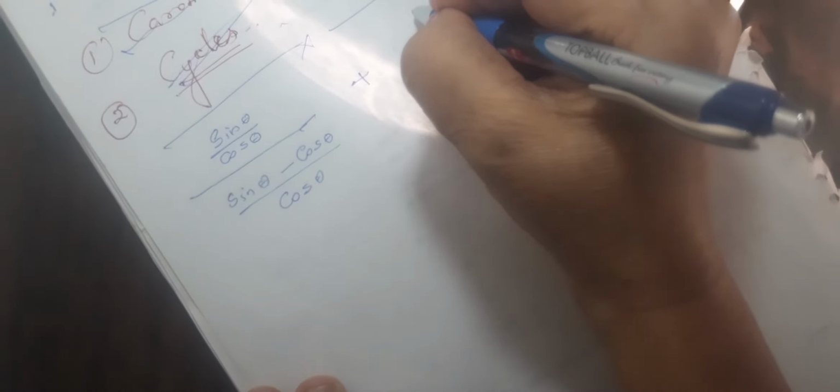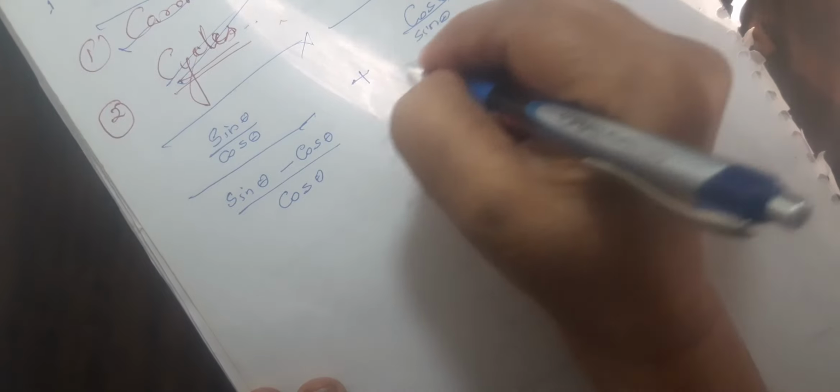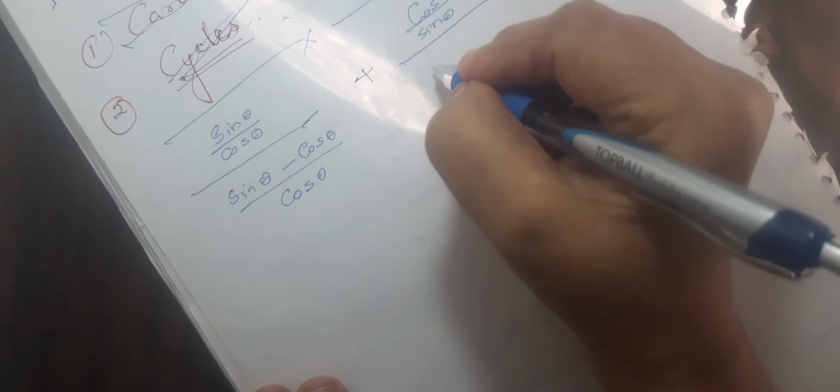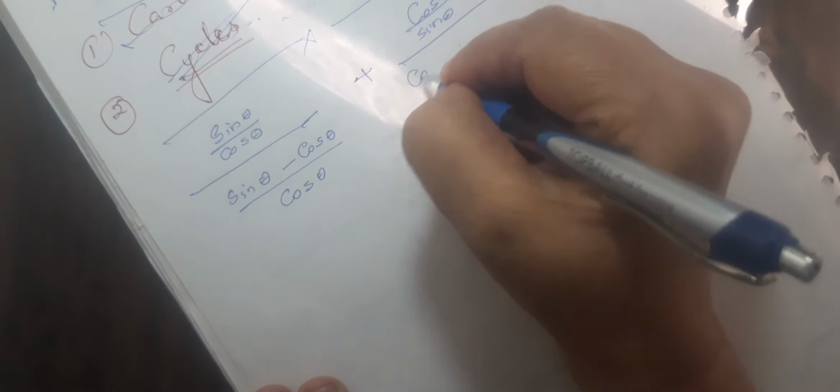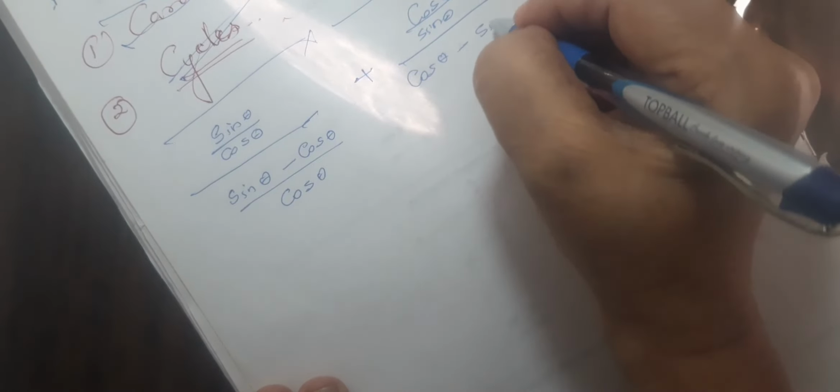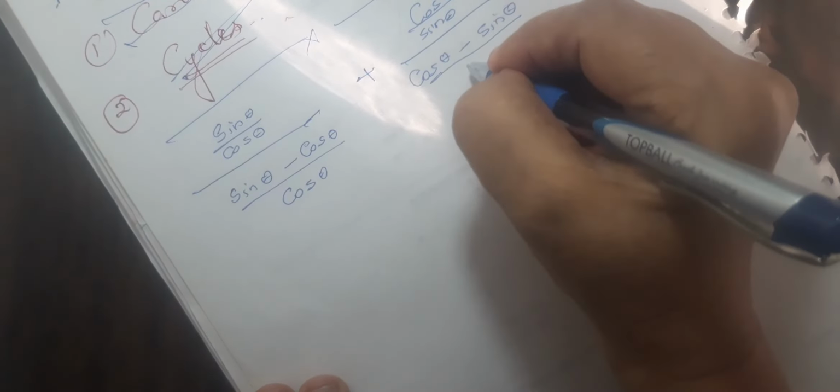Don't see the top for this. Now, plus, here you get cos theta by sin theta by, by simplifying, cos theta minus sin theta by cos theta.